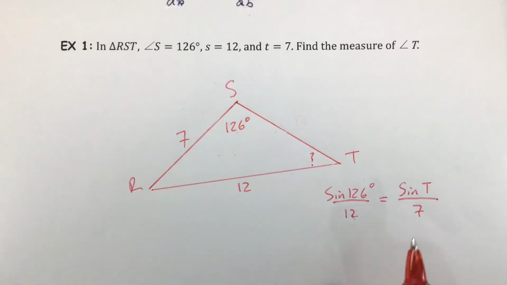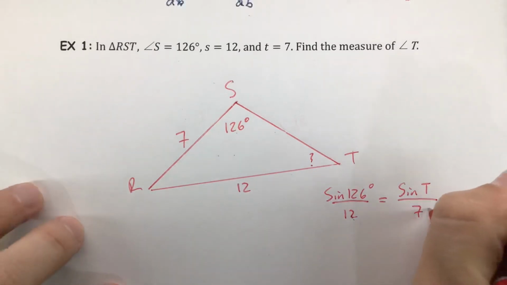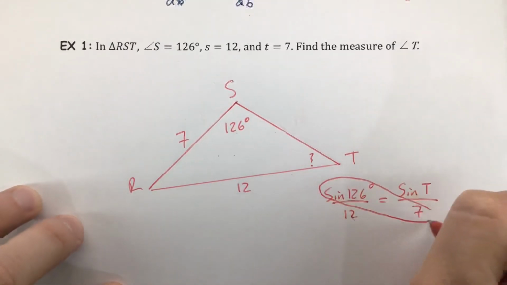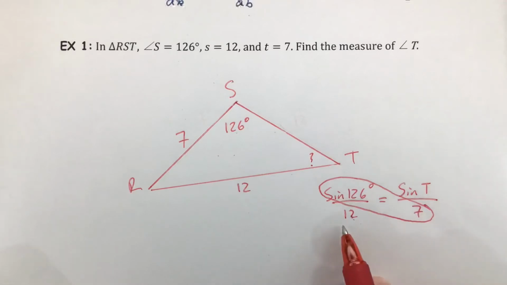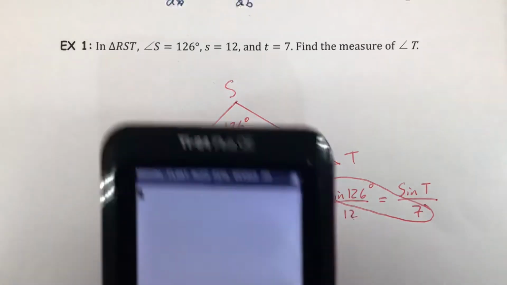Okay, once we're here, this is a cross products problem. What we're going to do is multiply these two, and then we're going to divide it by the, I always call it a corner here. You're going to multiply that diagonal and then divide it by the corner that you know. Okay, so let's get our calculators ready.